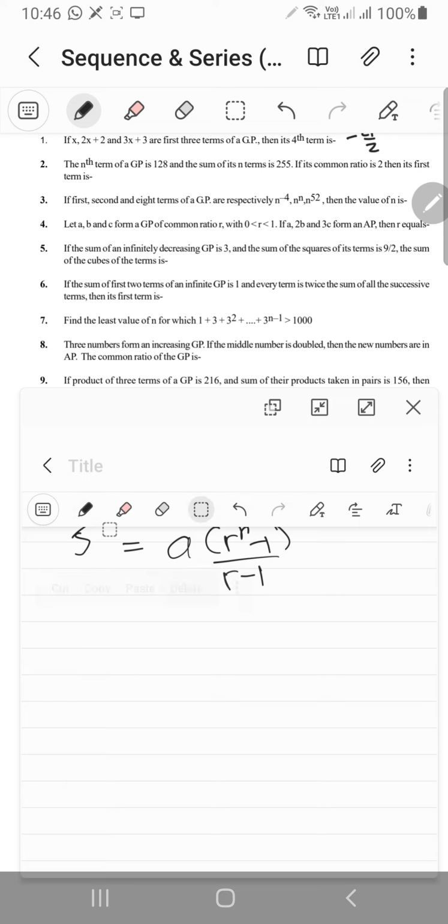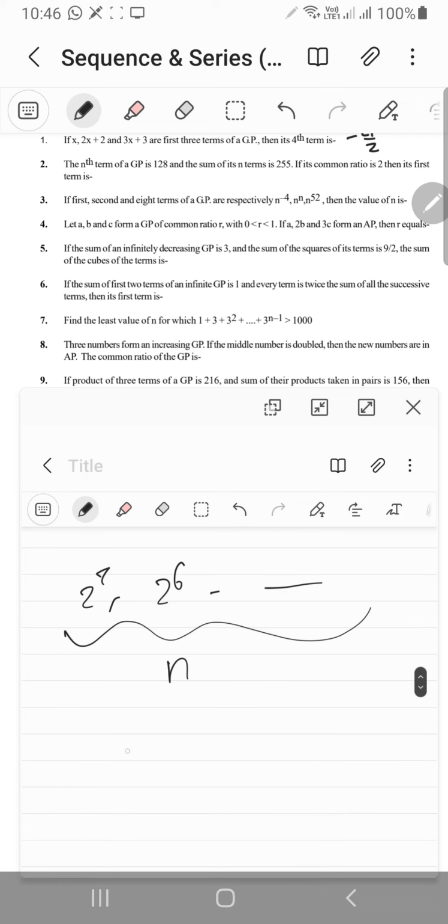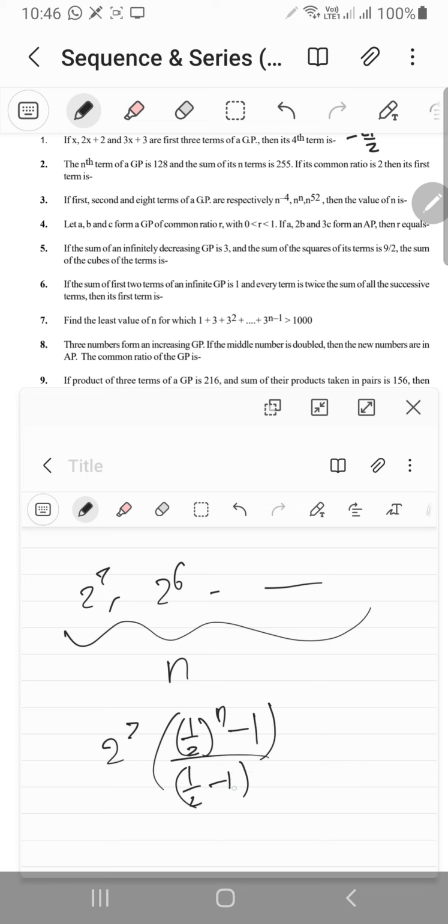So you're starting with 2 power 7, then it's going to be 2 power 6, and so on till n terms. So this will be the first term, in this case the last term, but yeah, into (1/2 to the power of n) minus 1 upon (1/2 minus 1). Right, and what's this thing? This sum is 255, which is pretty much just 2 power 8 minus 1.